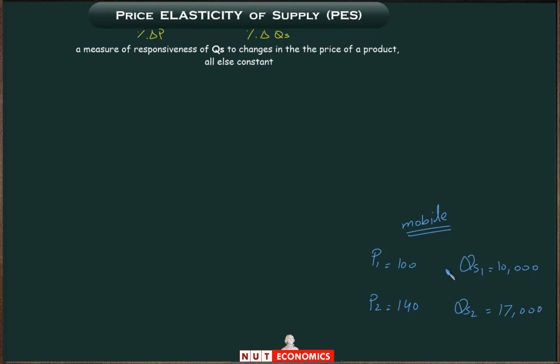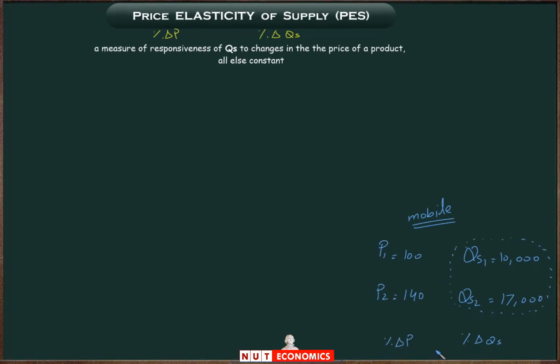Now this is where, if we have to think about whether this supply is responding a lot or a little, whether the supply is elastic or inelastic, we are going to compare the percentage change in quantity supplied with the percentage change in price.